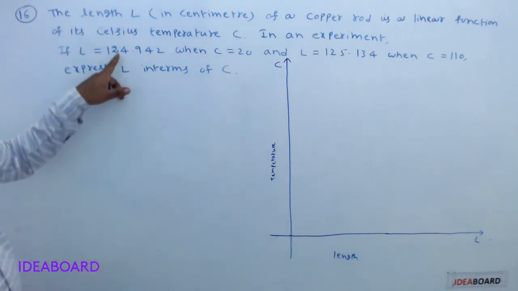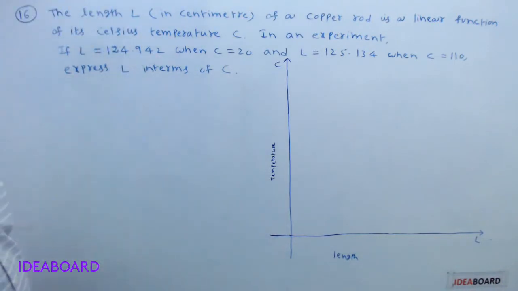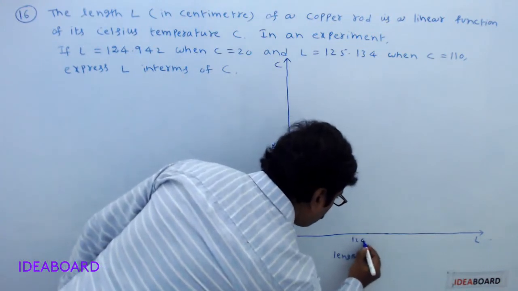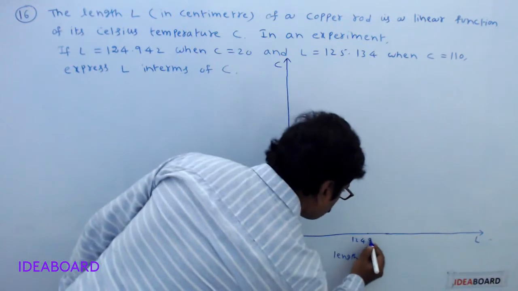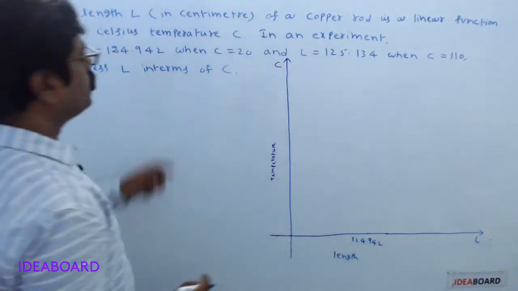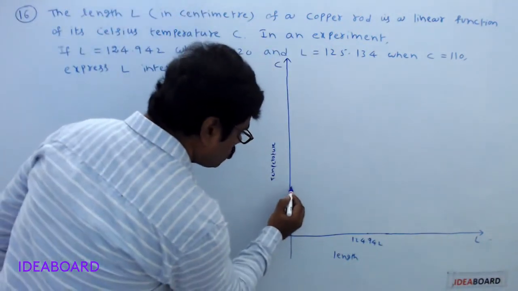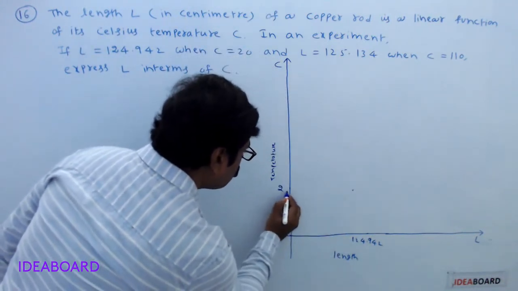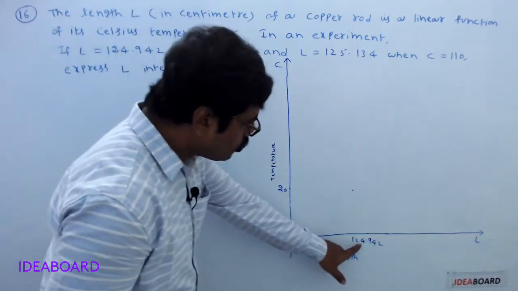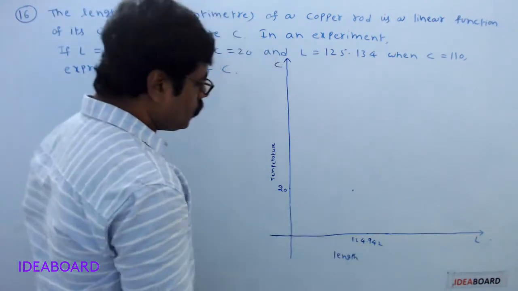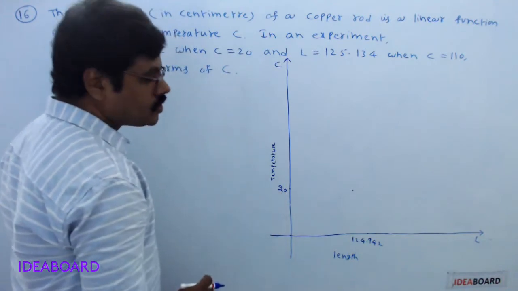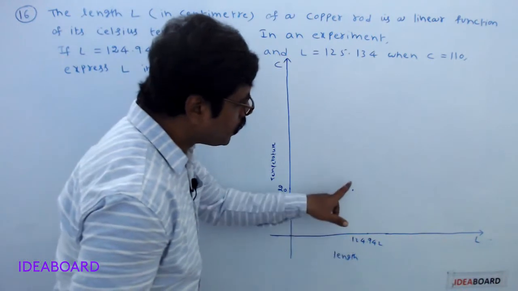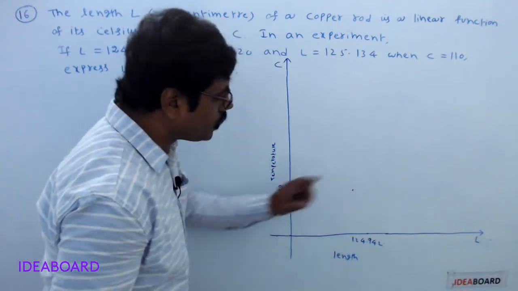Now the L value 124.942, suppose this is 124.942, and the C value 20, suppose this is 20. When L equals 124.942, the corresponding temperature C value is 20. So this point's coordinates are (124.942, 20).